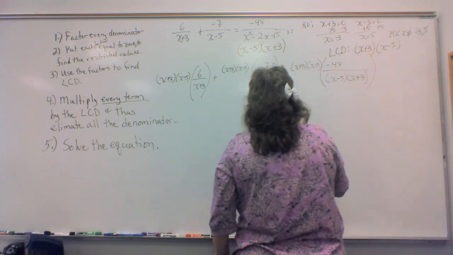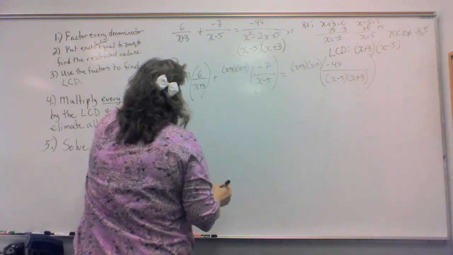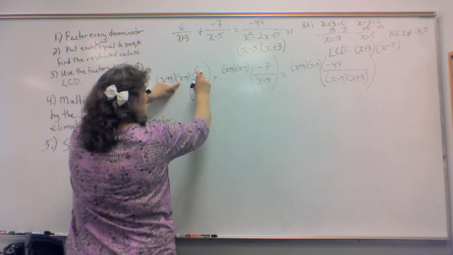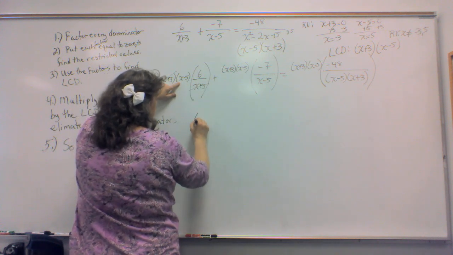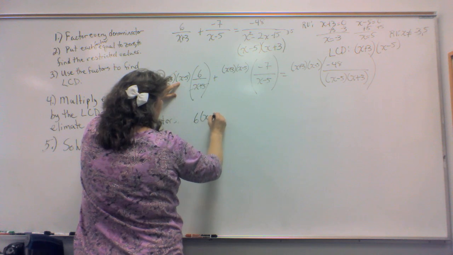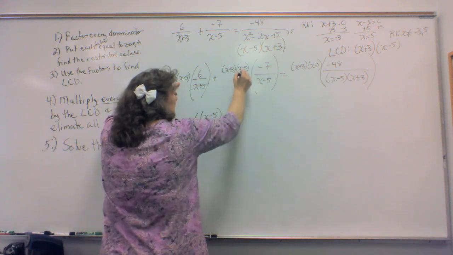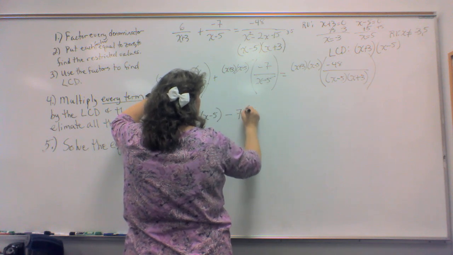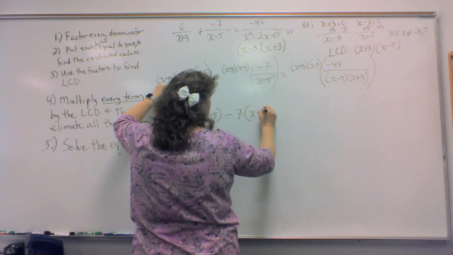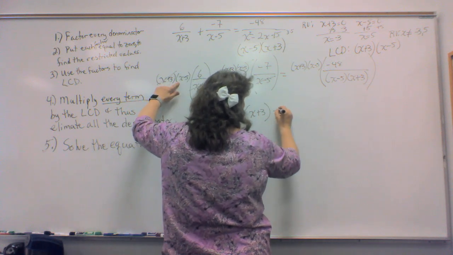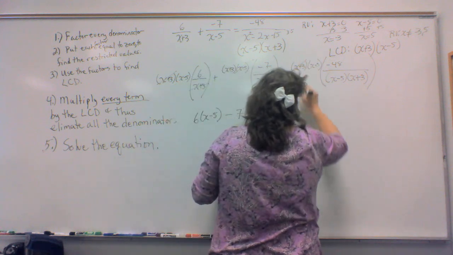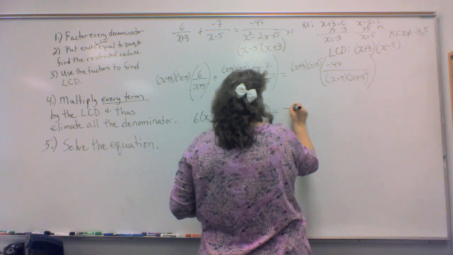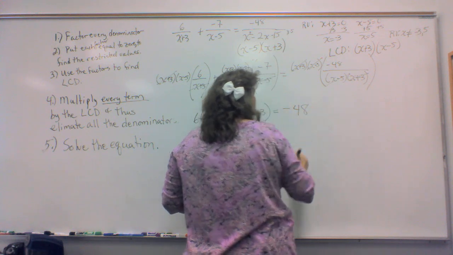Okay? Now, starting back over here, x plus 3 cancels with x plus 3, leaving 6 times x minus 5. Okay? X minus 5 cancels with x minus 5, negative 7 times x plus 3 equals x plus 3, x minus 5, x minus 5, negative 48.